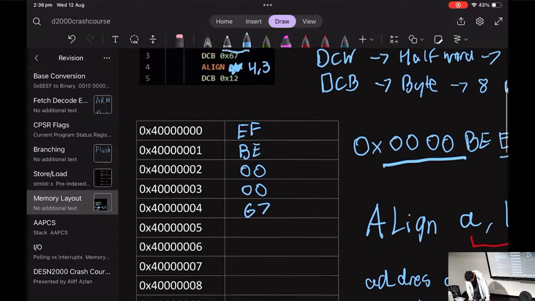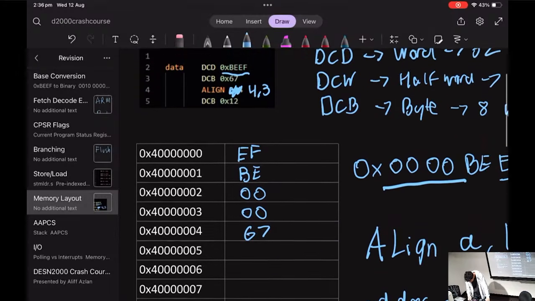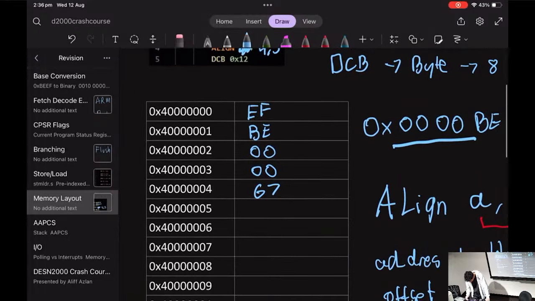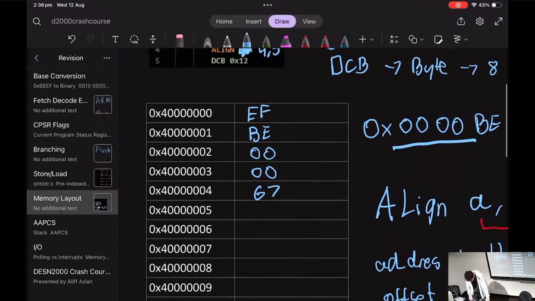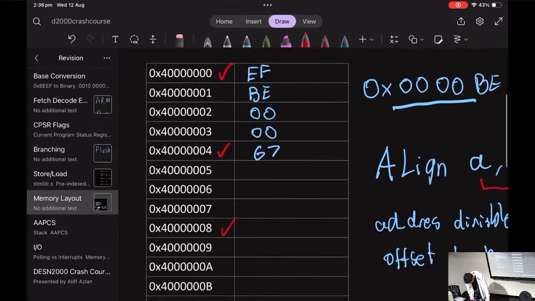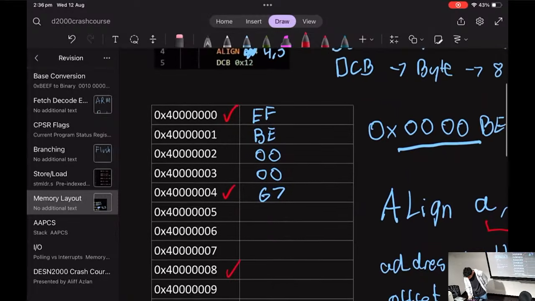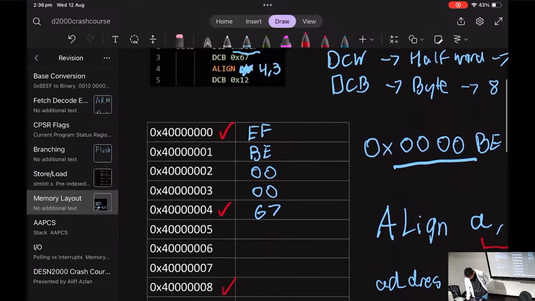So what's a valid address here? First of all, align by 4 means we want to have addresses that are divisible by 4. So this could be this one, this one, this one, and right now. But then we also have the offset of 3.